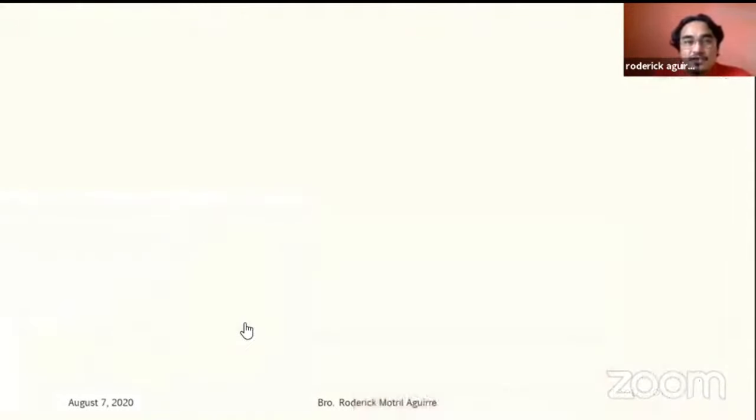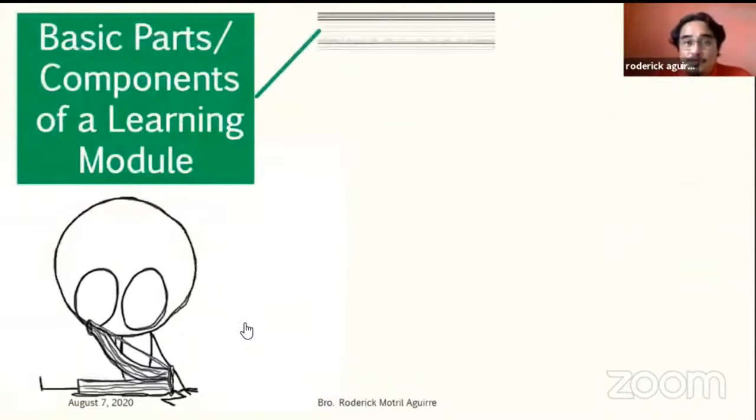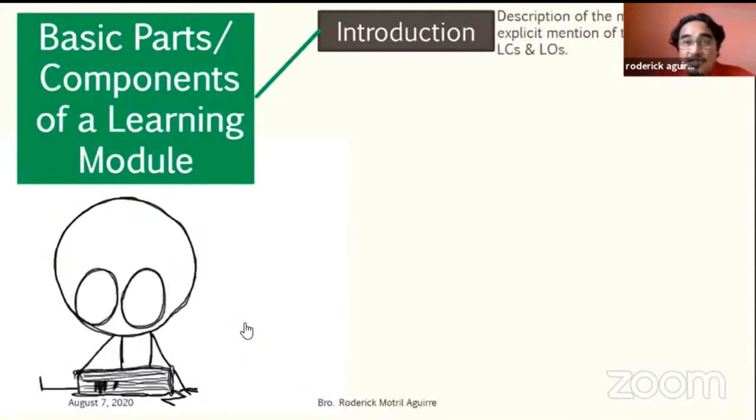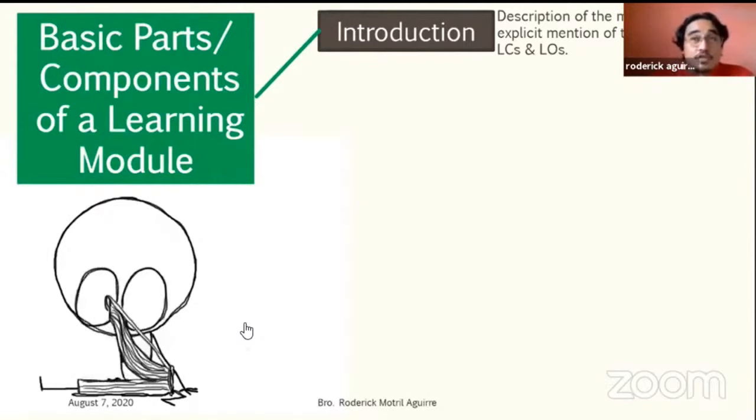Now, let's proceed to the basic parts or components of a learning module, all right? So we have the introduction. In the introduction of the module, there should be a short description of the module with explicit mention of target standards, LCs and LOs. LCs, learning competencies, and learning outcomes: what students are able to accomplish, do, perform, create at the end of the module.